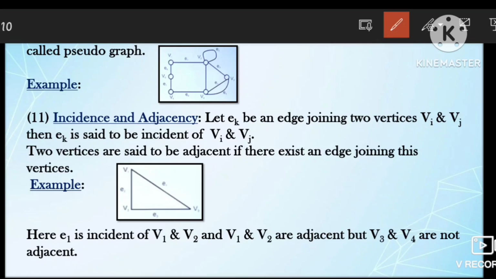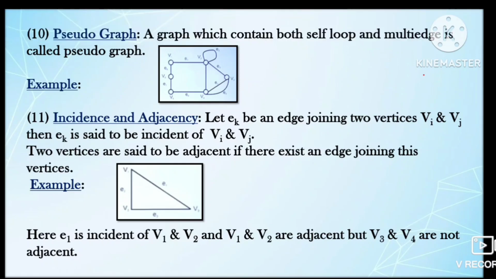Here you can see that this vertex and this vertex are connected by two edges, this one and this one. So this is known as a pseudograph which has both self loop and multi-edge.